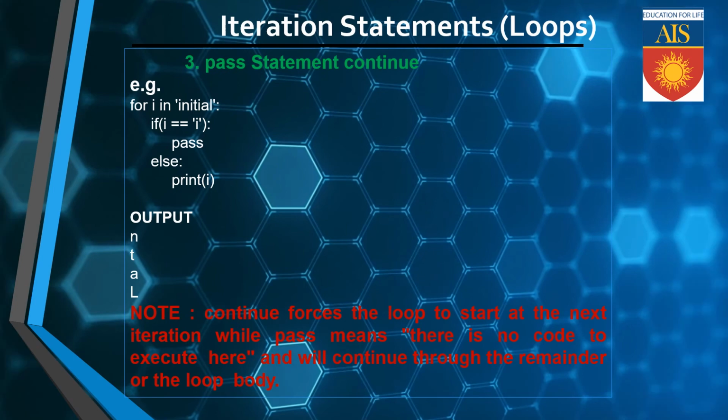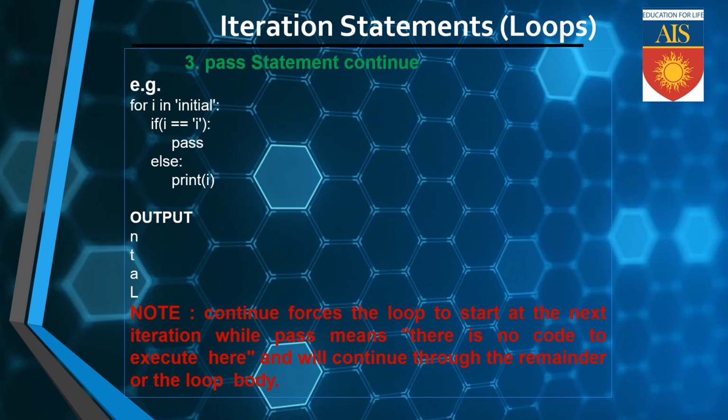Pass statement continued. Here you will see another example of the pass statement: for i in initial, if i == 'i', pass, else print(i). That means we have assigned the string as initial. So here in initial, if i == 'i', pass, else print.